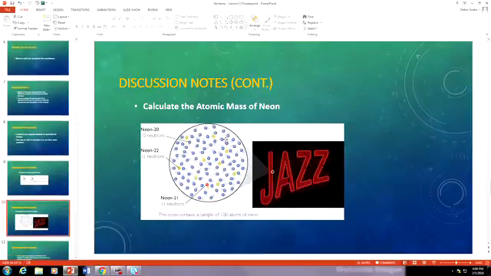Now, this is a picture of 100 atoms of neon. It's really just a model of it. But what they did in this model is they color-coded. If we had a random sample of 100 atoms of neon, only one of them would be neon 21. It has 11 neutrons. 9 of them, 1, 2, 3, 4, 5, 6, 7, 8, 9, would be neon 22.